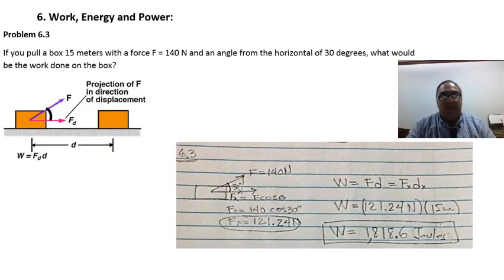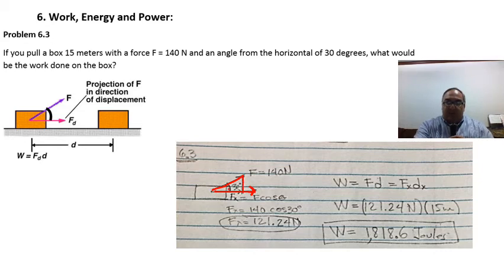Okay, remember in this problem, what we need to do is get the component in X, because X is where it moves, in the horizontal direction. So that's why we need to take this component. What we do in here is we take this X, and we have a triangle here.